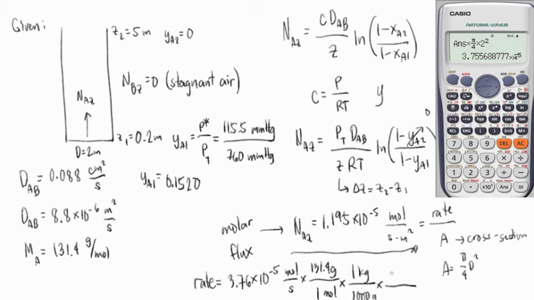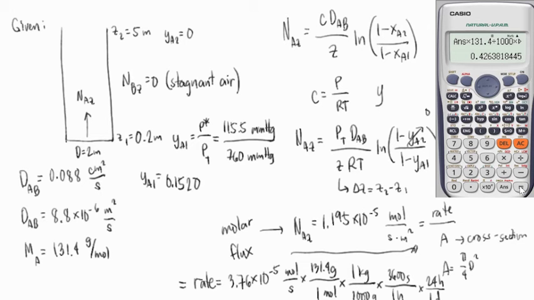So there are 3,600 seconds per hour. And then there are 24 hours per day. If we execute that, we will be able to know the rate of evaporation of the TCE. So we have 3.76 times 10 raised to negative 5 moles per second multiplied by 131.4 divided by 1,000 times 3,600 times 24.